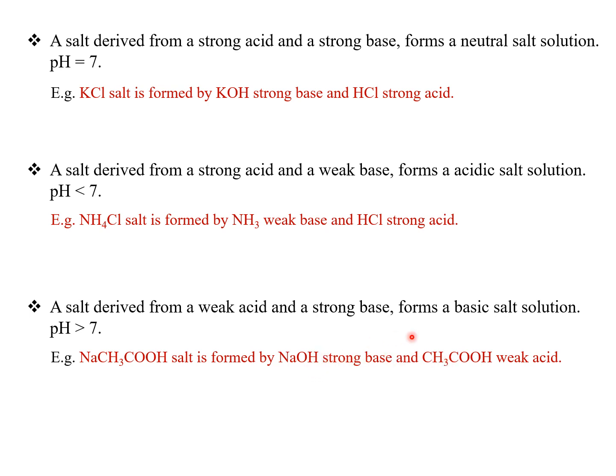So strong base with weak acid, the pH is on the basic side, greater than 7. That's how in these three situations we can determine the pH of a given salt. First, identify the origin of the acid and the base, and then depending on the acid and base strength, you can identify the pH of the given salt.